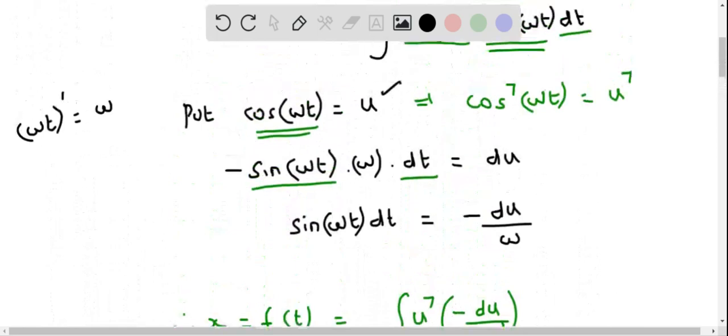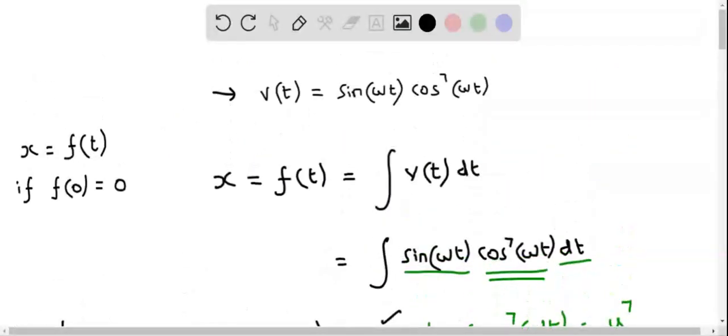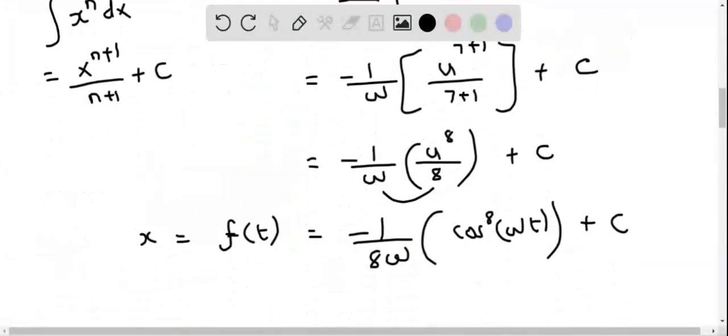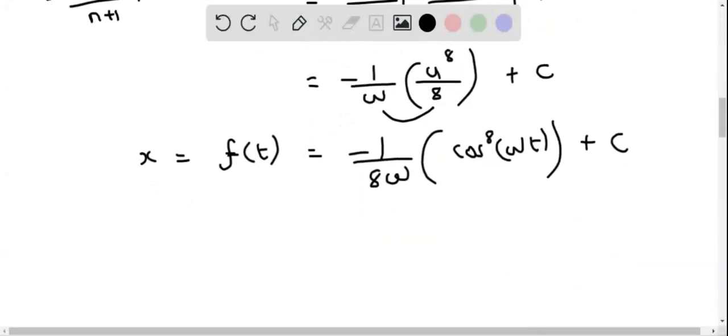We will use the initial condition, that is, given that f of 0 equals 0, that is, at t equal to 0, f of 0 equals 0. So we replace t by 0. We know that f of 0 equals 0.